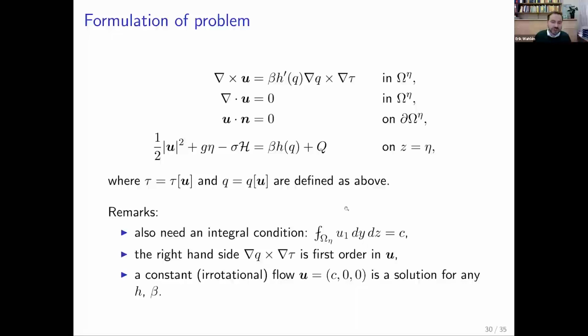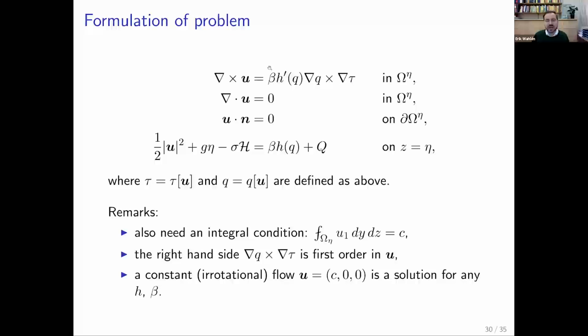Okay, so one also needs to add an integral condition, and an important difference compared to the Beltrami case is that the right-hand side over here is a first order operator in U, whereas it was 0th order before. And this is a huge difference. This is not a small perturbation of this in terms of regularity.